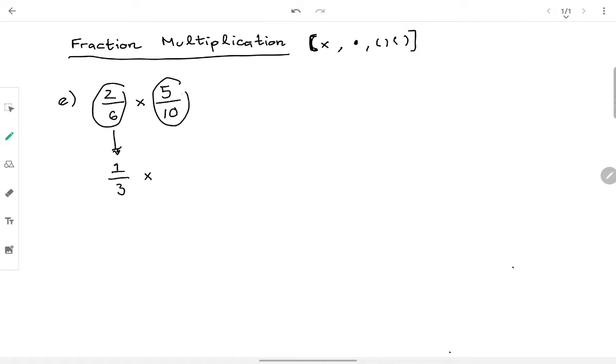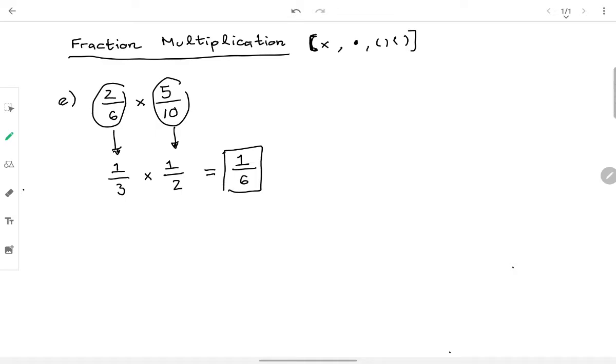The other fraction can also get simplified. If we divide by 5, we will have 1/2. Then you can make the multiplication. 1 times 1 is 1. 3 times 2 is 6. And we will get 1/6.